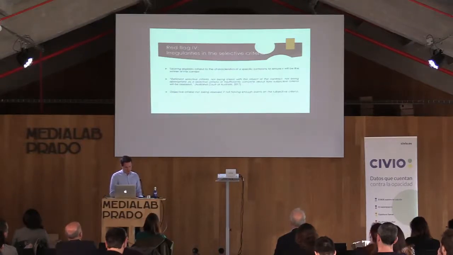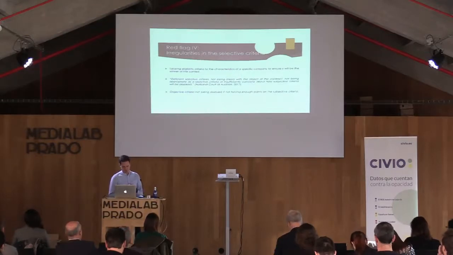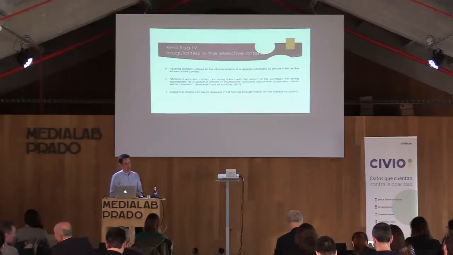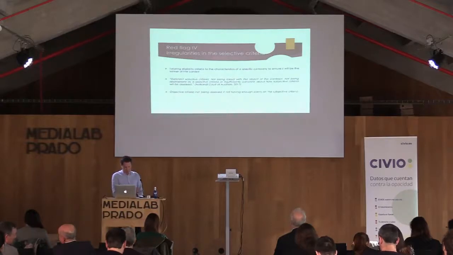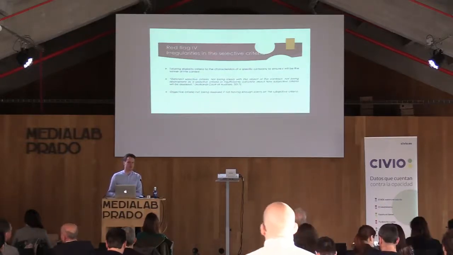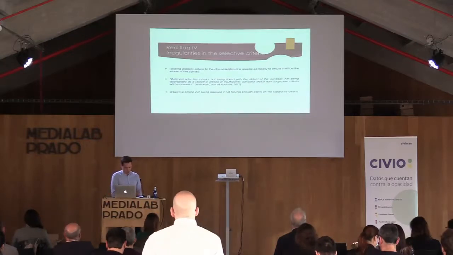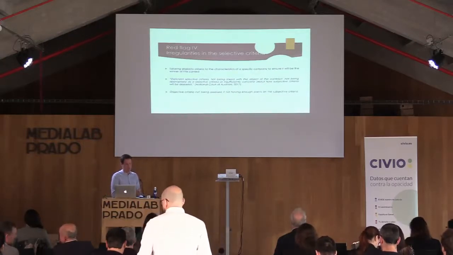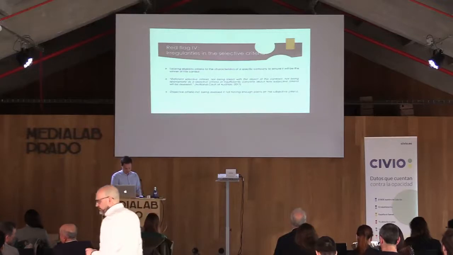So the next flag is about the irregularities on the selection of the criteria. It seems to me that at the state we are with the data, it's going to be really tricky to find out any patterns on it. 70% of companies surveyed by the Eurobarometer 2013 thought that this technique is really extended in the country.